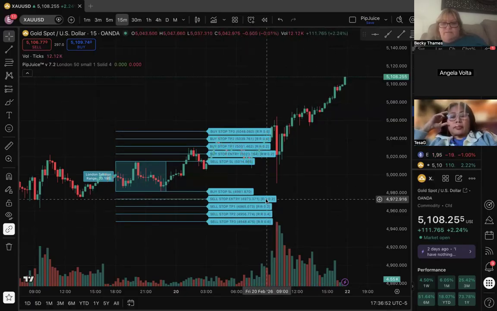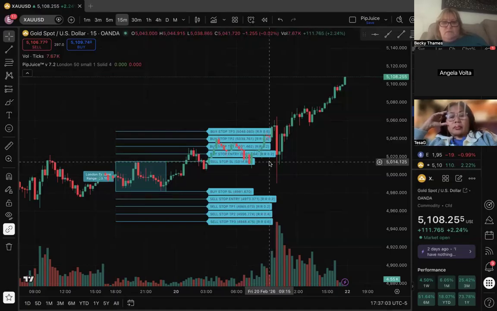But you can see this is big, like 49.73, it was like 30 or 40 bucks or something. 5014. Yeah, that's pretty big. So that's why you need to risk your very, very smallest lot size, like 0.001. But remember, before you take any trade, you have to be careful with losing whatever that amount is.